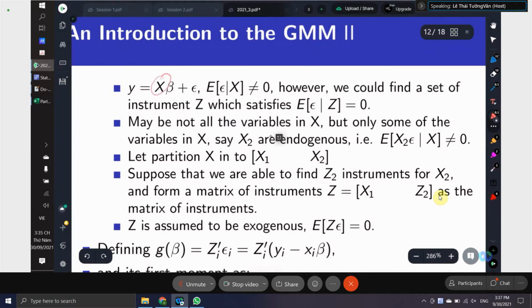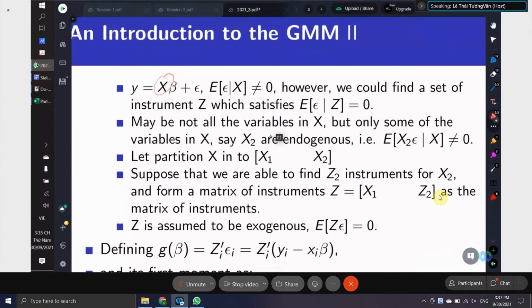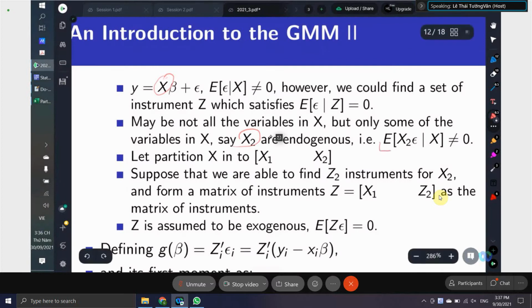X includes a number of variables. Not all variables in X, but only some of them, say X2, are endogenous. So we have the assumption that the expectation of X2 times epsilon is not 0.